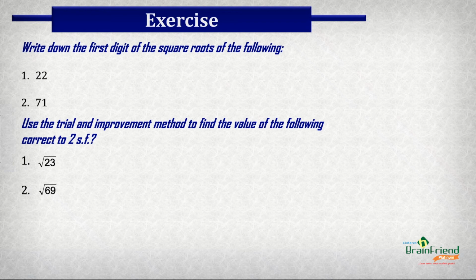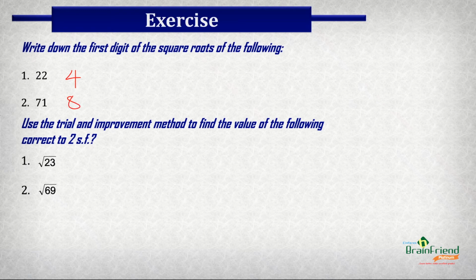The first instruction says write down the first digit of the square roots of the following. Number 1, 22. The first digit of each square root is the number 4. For question 2, the first digit of the square root of the number 71 is 8.